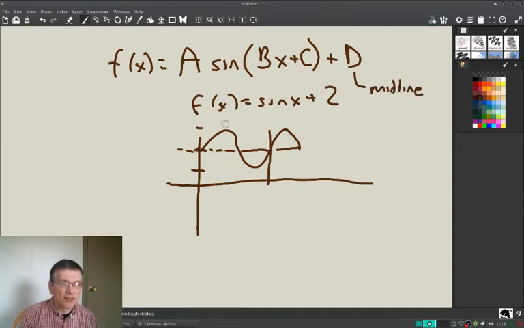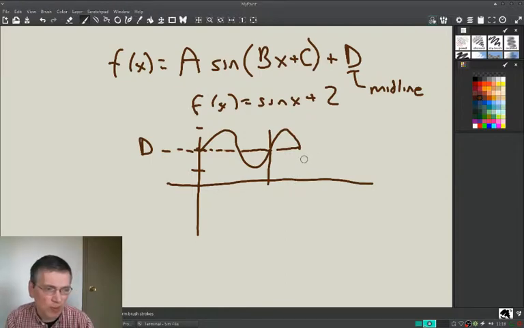You can think of these as oscillations, sort of like a spring going up and down as time goes by. It oscillates about this midline. This is the middle here, and this is going to be D. Again, we just picked D because it's A, B, C, D. We're just going through these. It has no special meaning.